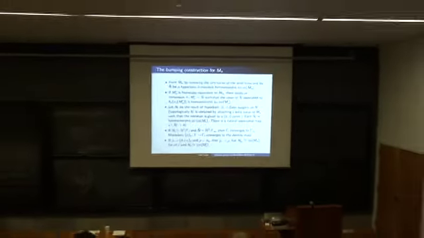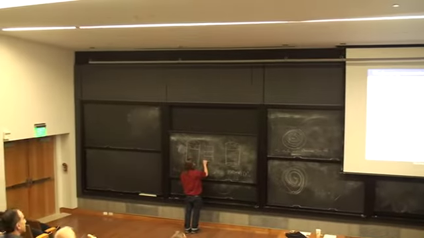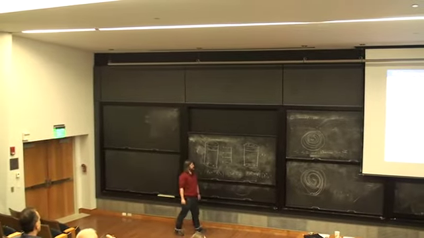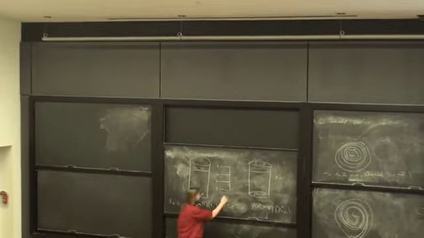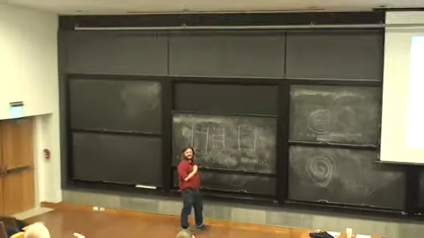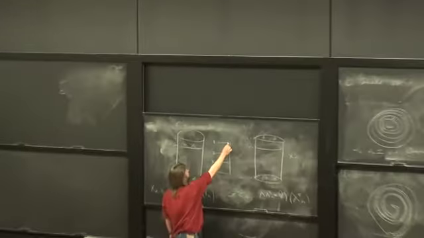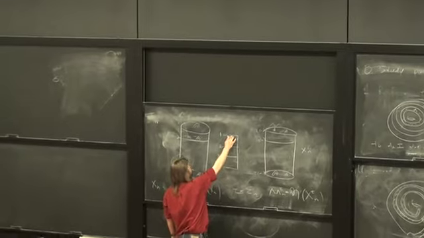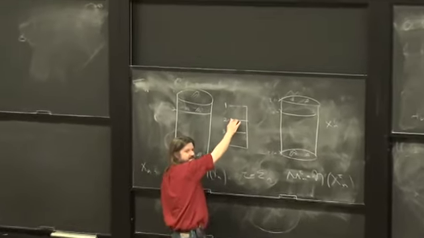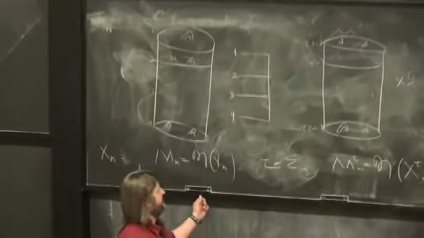I'm going to denote it 1, 2, 3, 4. That's supposed to mean, this vertical line is the annulus, and this is the one spot. This is the disk with one handle. This is the disk with two handles.